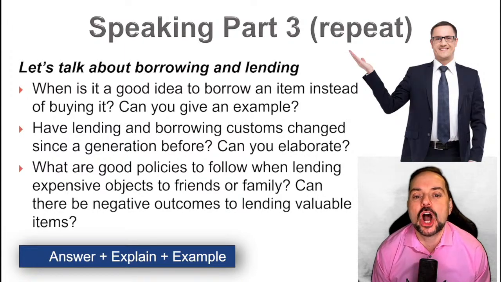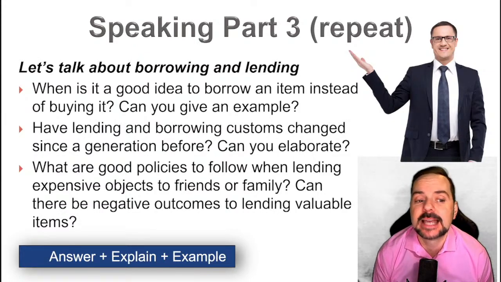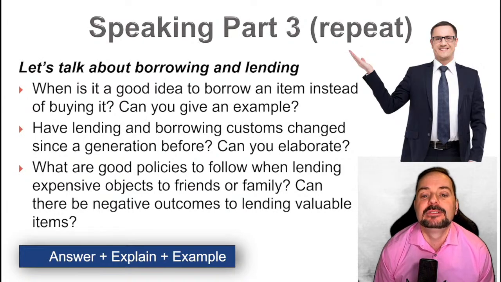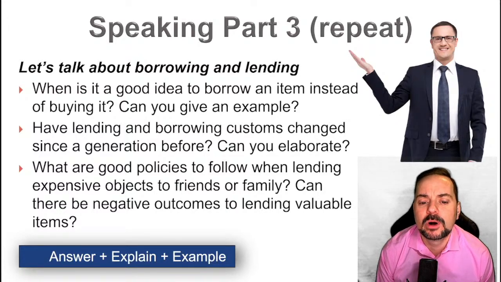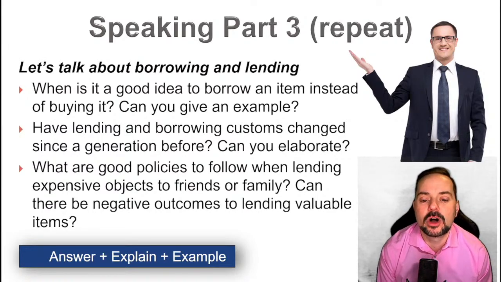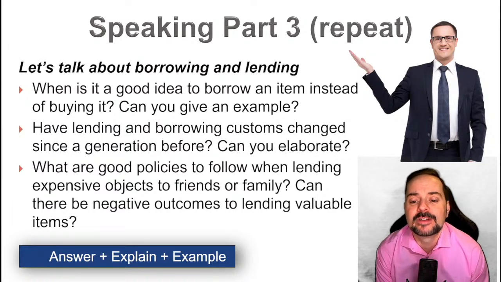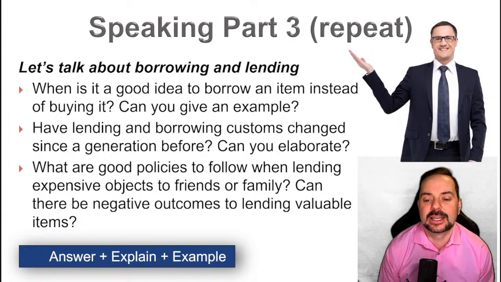When is it a good idea to borrow an item instead of buying it? Can you give some examples? Have lending and borrowing customs changed since a generation before? Can you elaborate? What are good policies to follow when lending expensive objects to friends or family? Can there be negative outcomes to lending valuable items?